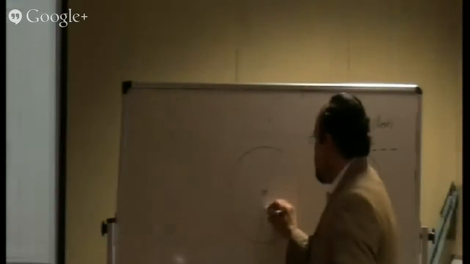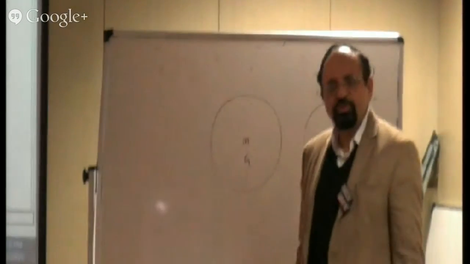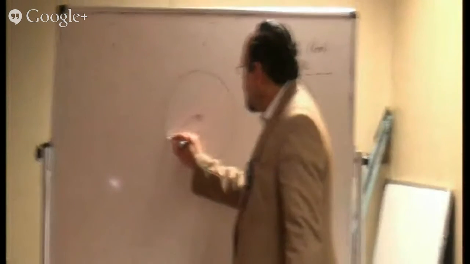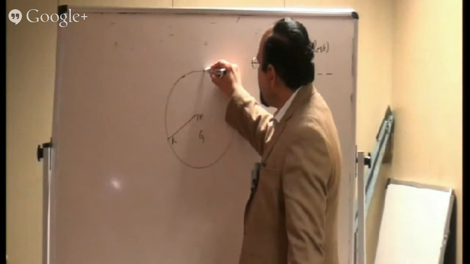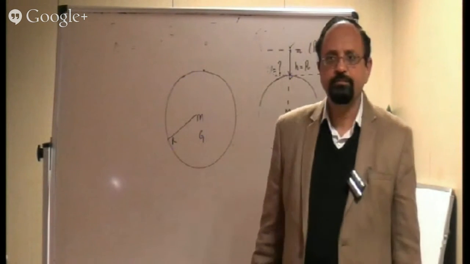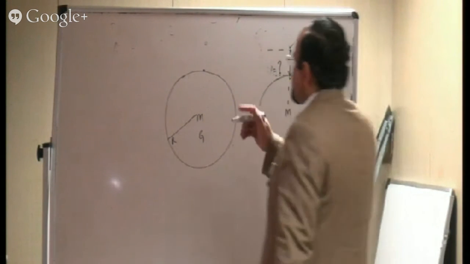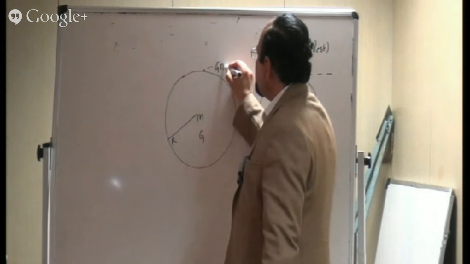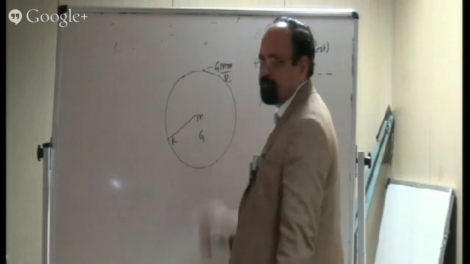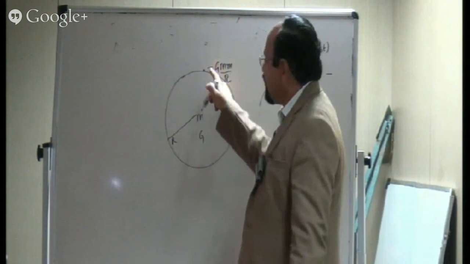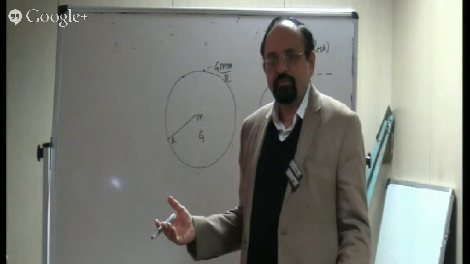Mass m, G is the universal gravitational constant, radius is capital R, body is lying on the surface of Earth, right? If it is at rest, its potential energy is minus GMm by R. You put a negative sign because there is a force of attraction.